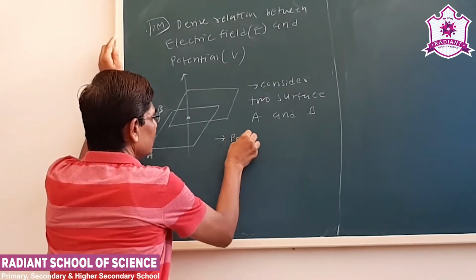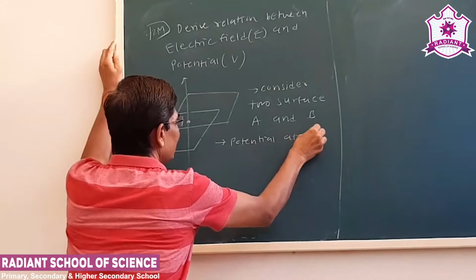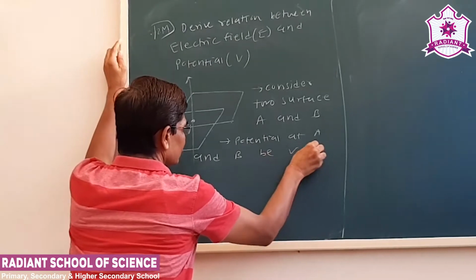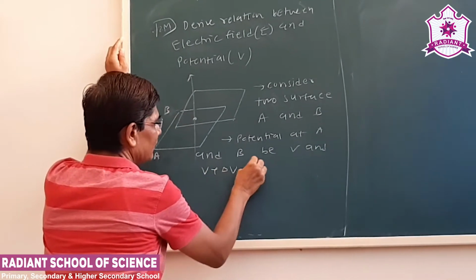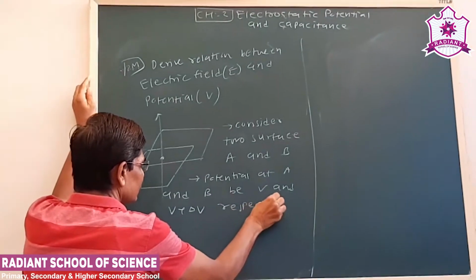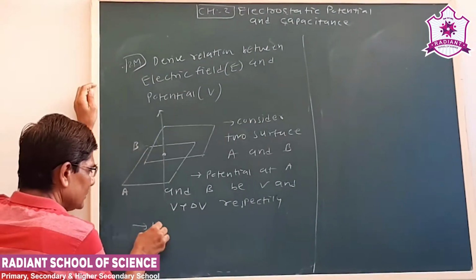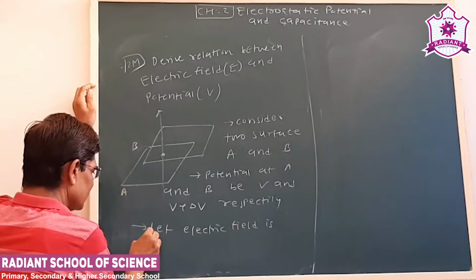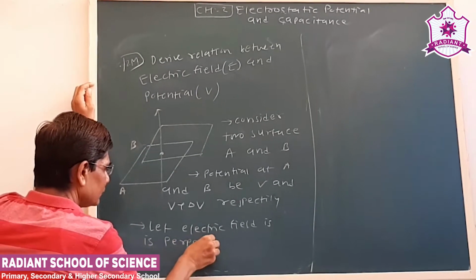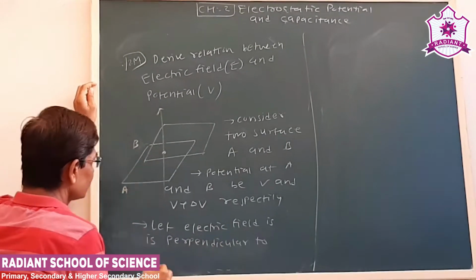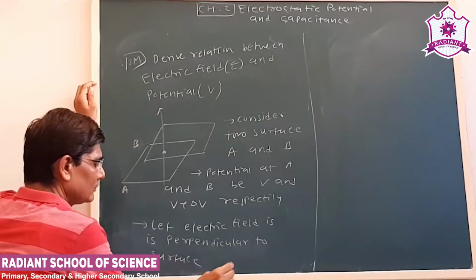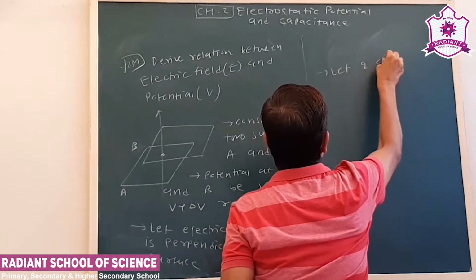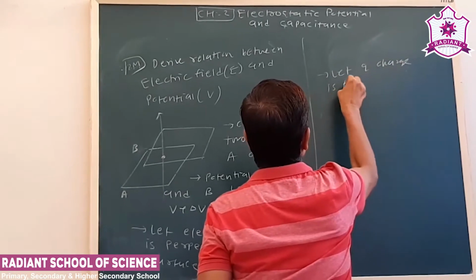Now let the potential at A and B be V and V plus delta V respectively. Now let the electric field be perpendicular to the surface.